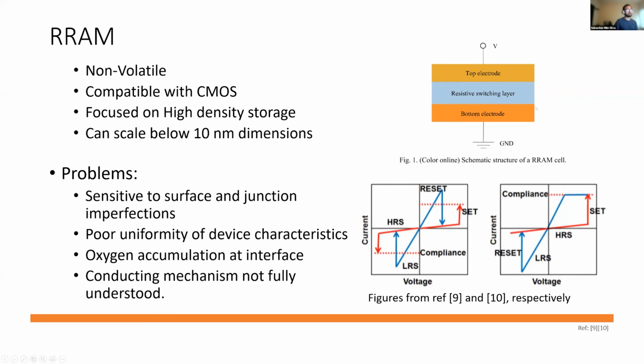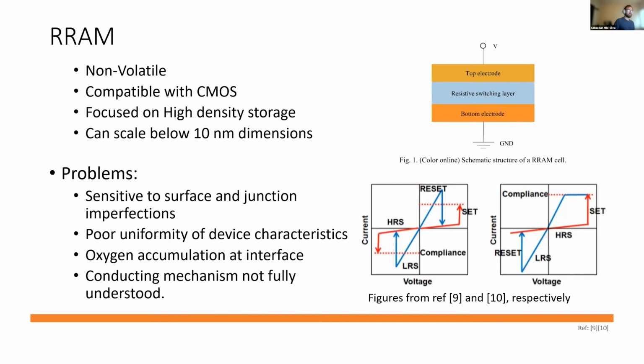You start with your non-conducting resistive layer in the high resistance state. If you apply a really high voltage to it, you can put it in this switching state, where after that, depending on the voltage that you apply across the layer, you can make it go between a high resistive state and a low resistive state.